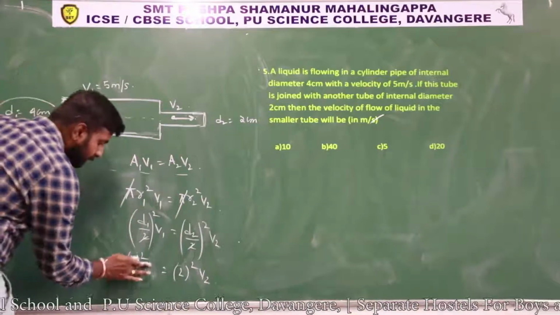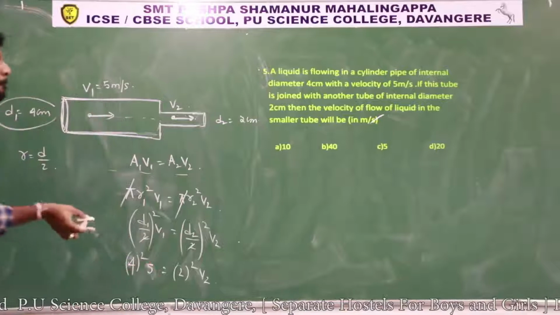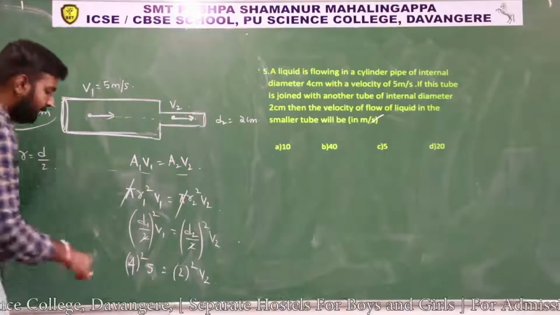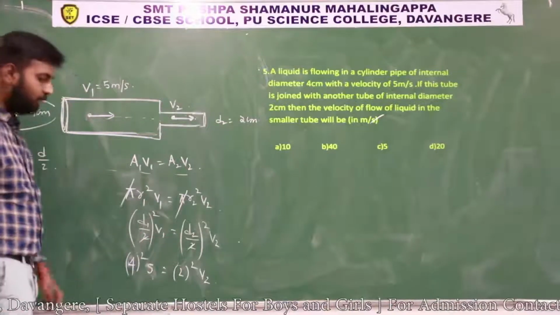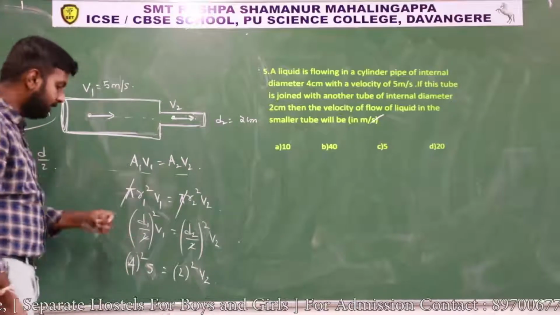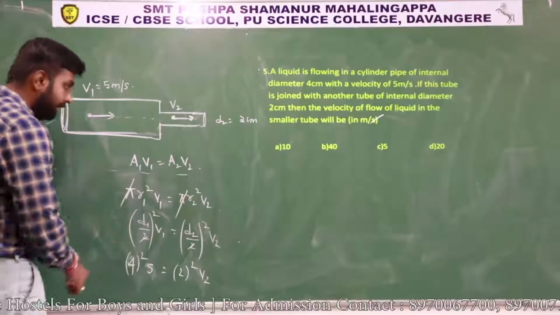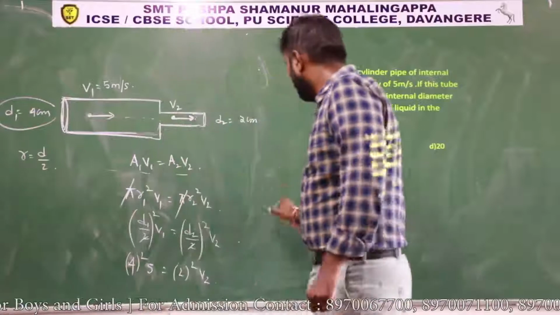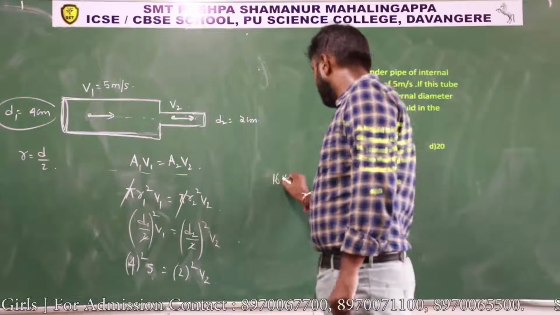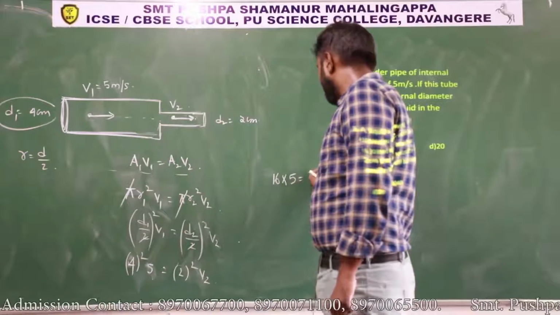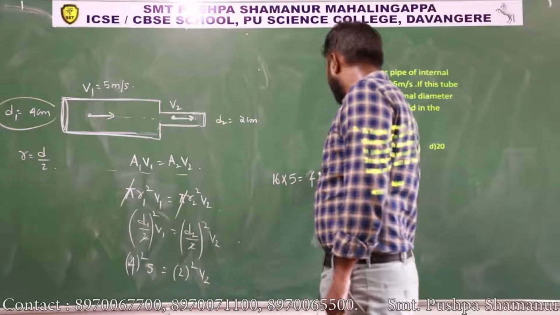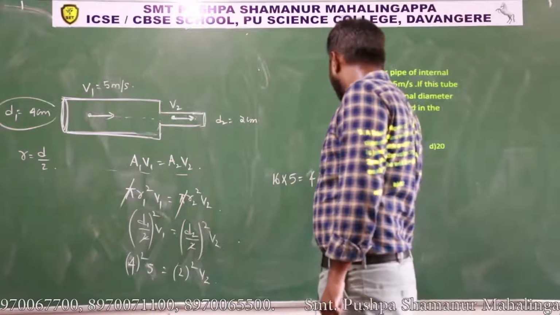v1 value is also mentioned. v1 value is 5 meter per second. So here centimeter will get cancelled. No need to mention in meters. Then how much will you get as the answer? So 16 into 5 is equals to 4 into V2.